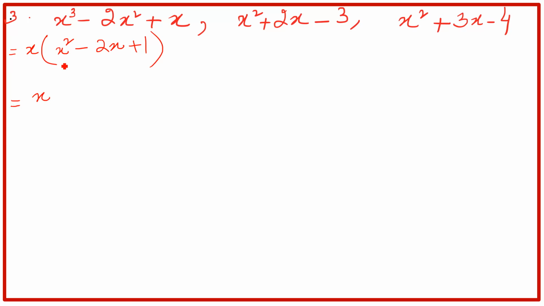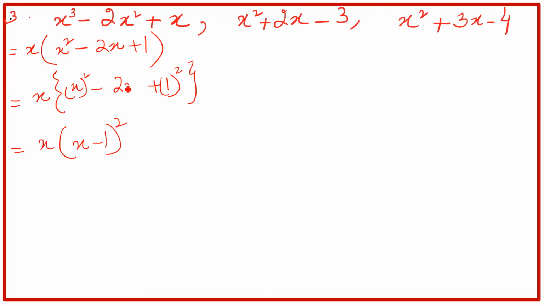So see, now we can make the square of the first term, we can make the square of the last term. So here we are going to use the formula x minus 1 whole square, but you have to write down minus 2x here as well. See, a minus b whole square equal to a square minus 2ab plus b square.